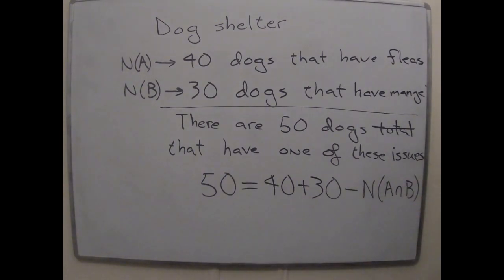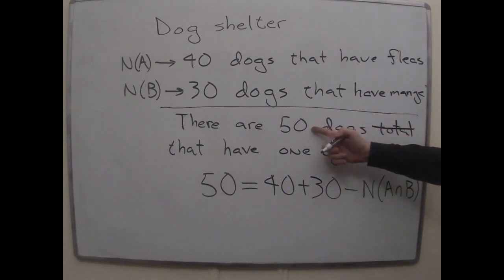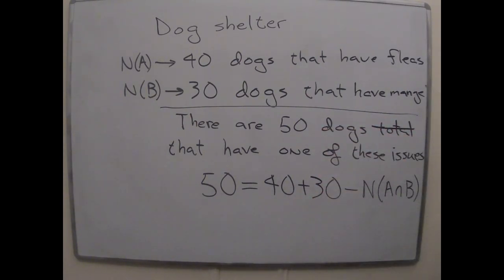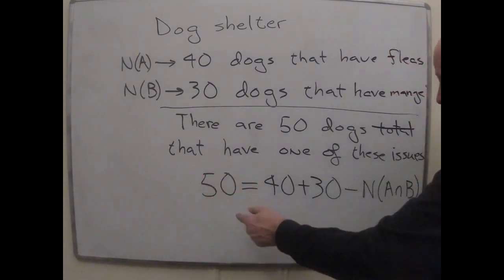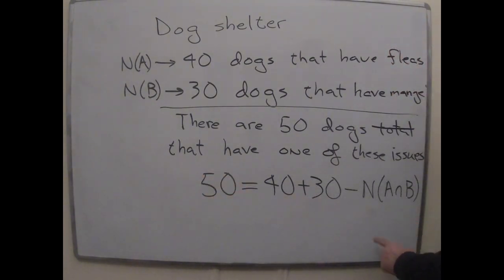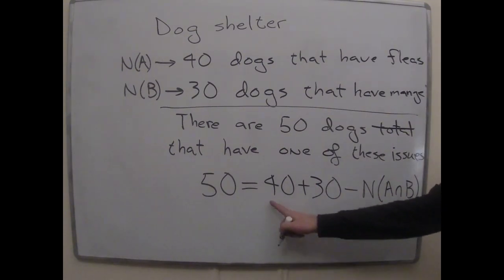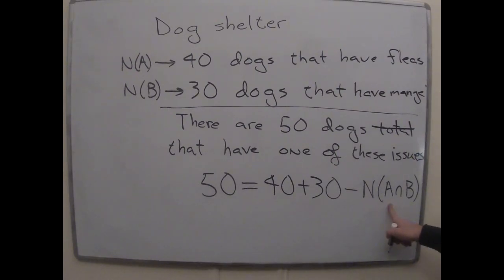So what I'm getting at here is that you can figure out how many animals have both problems from the fact that there are a total of 50 of them, and we know how many have each of the individual problems. You can have the unknown quantity be in any one of these spots. I could have not known the total, but known all three of these numbers, or one of those could be missing. But I picked the one where we didn't know in advance what the number in the intersection was, and now we can figure it out. Because that adds up to 70, what we're subtracting here must be 20.